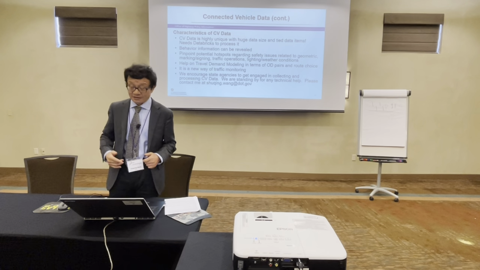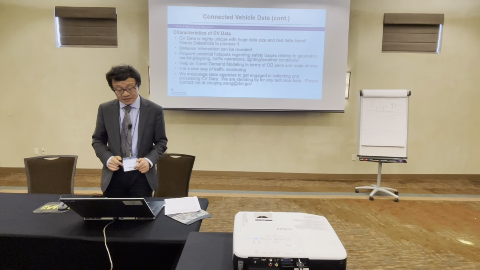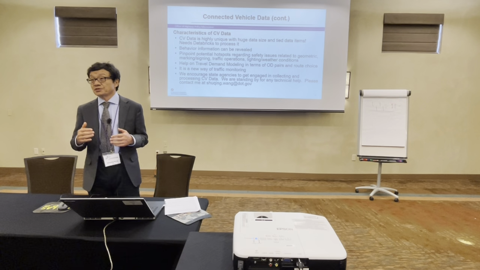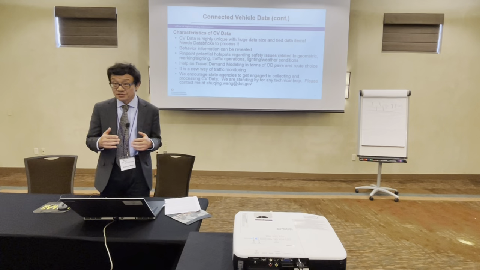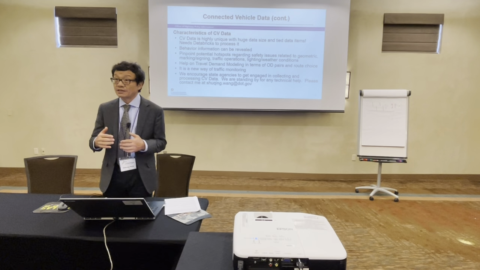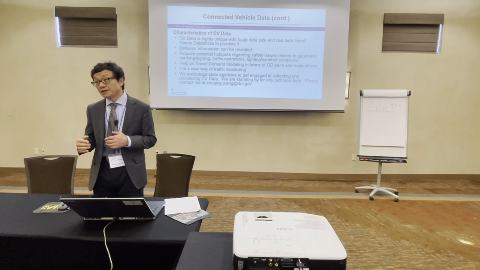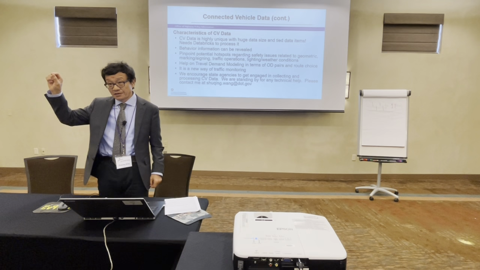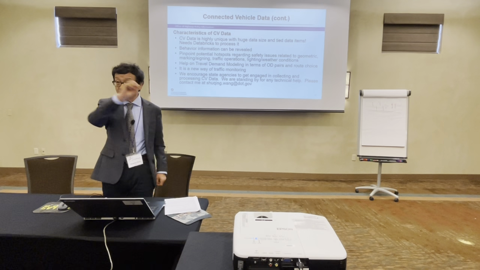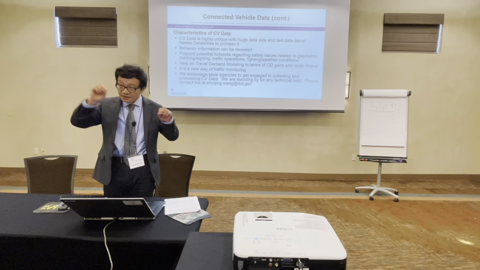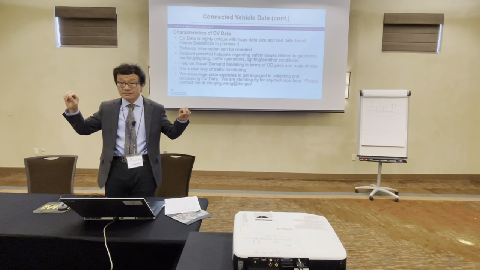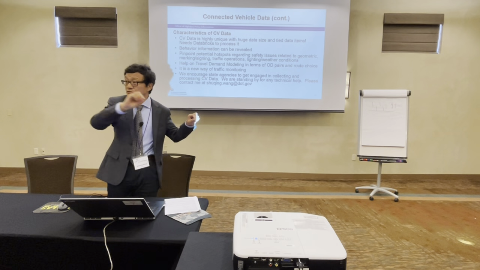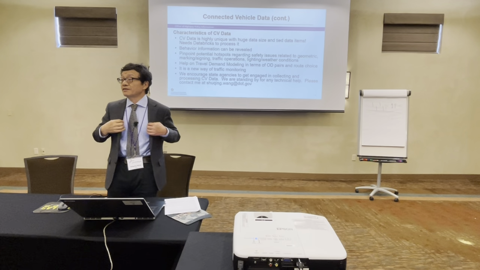It can also help us answer questions from the travel demand modeling side. For example, given one particular origin destination pair, from the CV data we can understand how a driver chooses their route. That is a very good help.